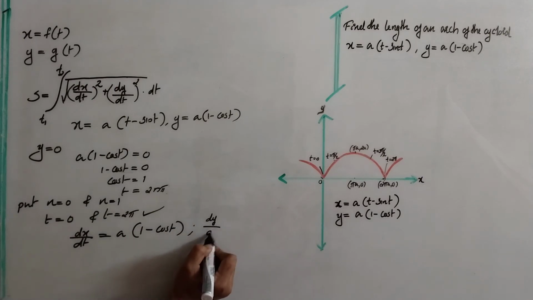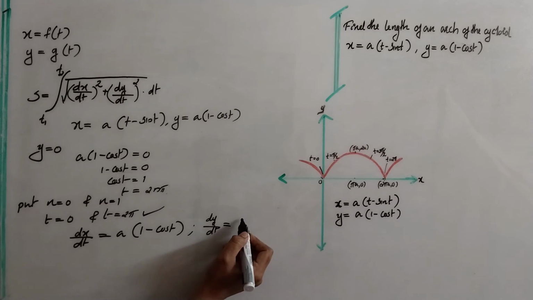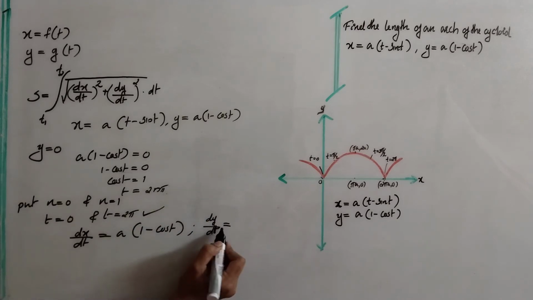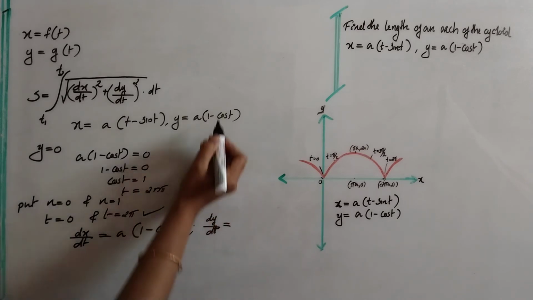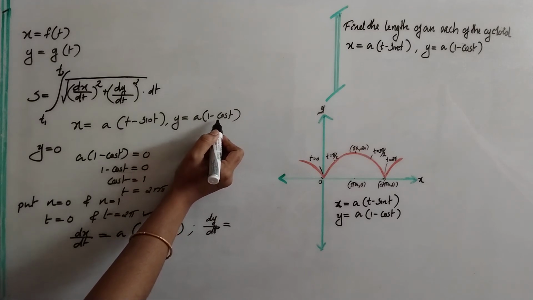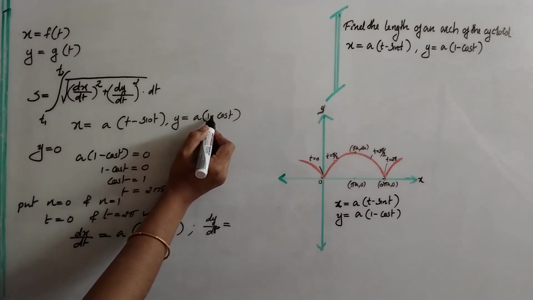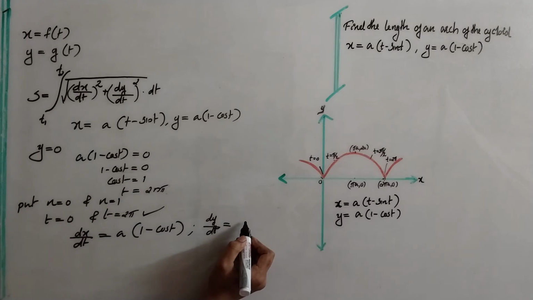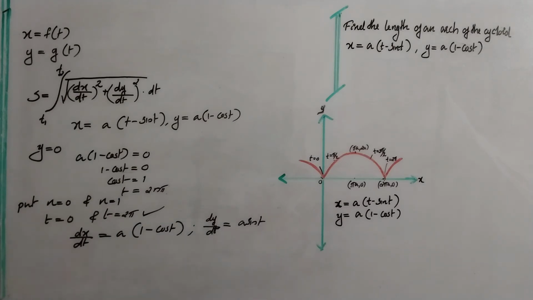Similarly, dy by dt: derivative of a constant is 0, and the remaining term is minus a cos t. The derivative of cos t is minus sin t, and we have one more minus sign, so dy by dt is a sin t.